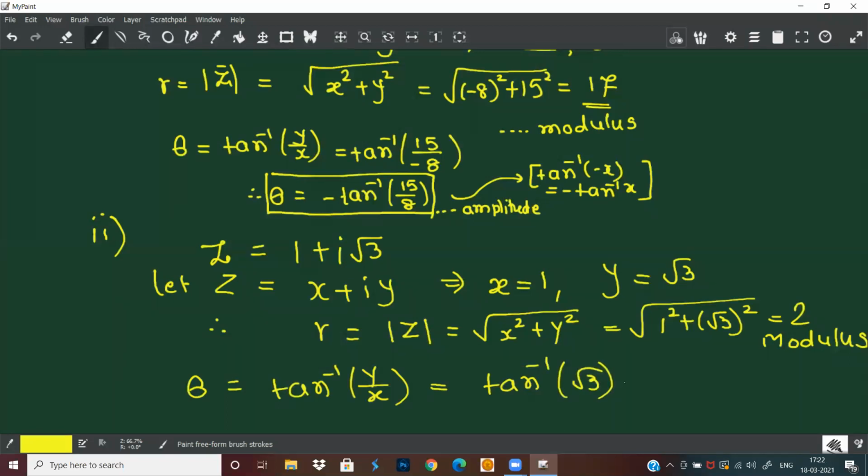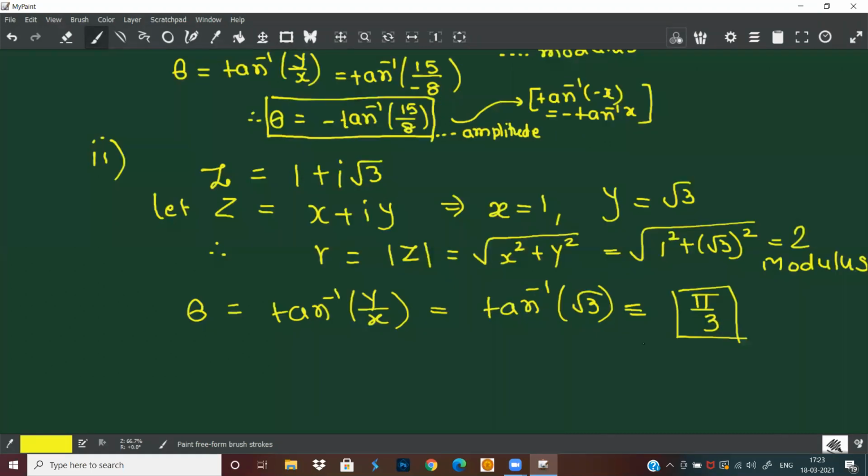This is in the first quadrant, so directly theta will become alpha. So pi by 3 has come. If it is a standard value, then you give the value as amplitude. As far as possible, write the answer in radians. So if I give you any sum, now you will be able to find its modulus and amplitude for sure.